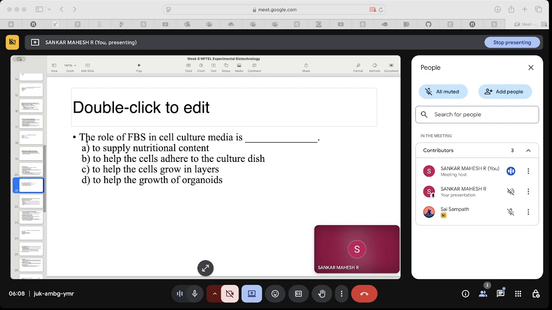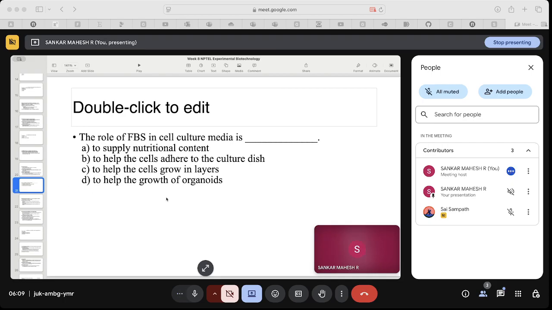What is the role of FBS in cell culture media? Like you had mentioned, it provides growth factors and hormones. The options given are to supply nutritional content, to help the cells adhere to the culture dish, to help the cells grow in layers, or to help the growth of organoids.